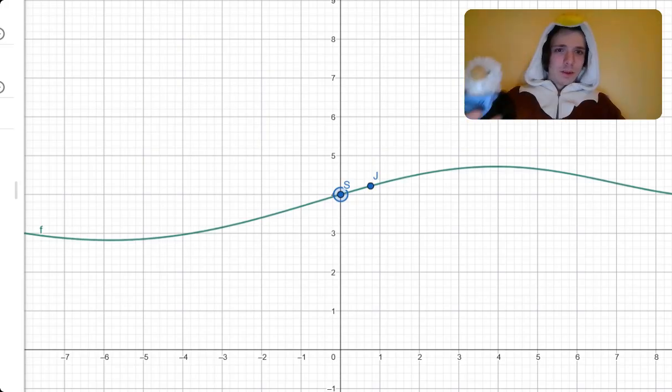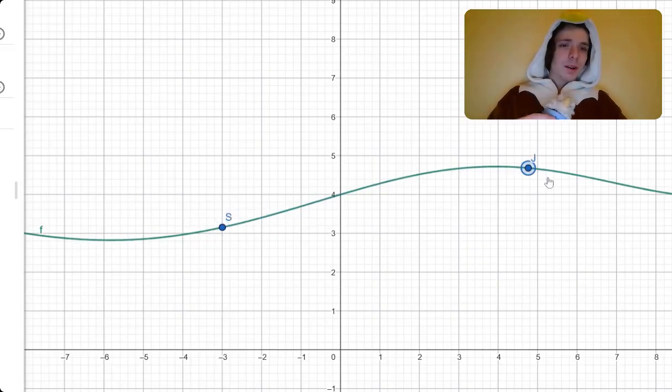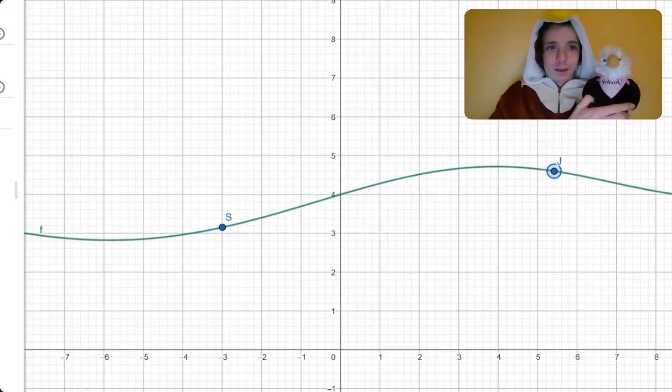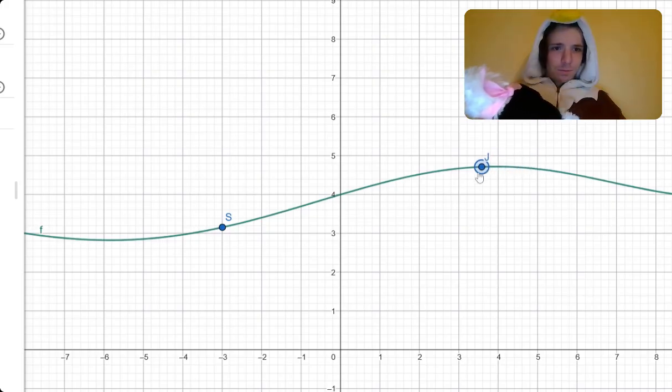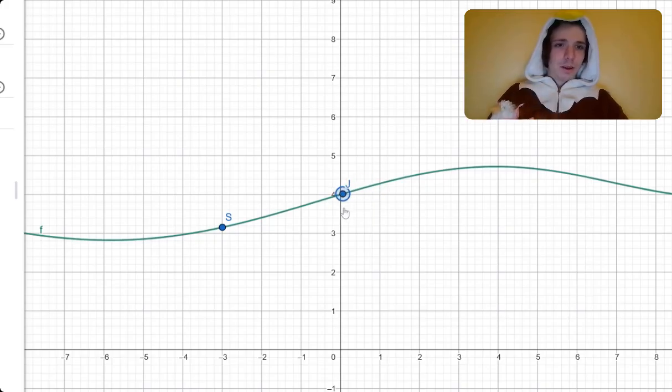So Shadow's going to be approaching y equals 4. Now, what about Jackie? Jackie's going to fly in from this side and get really close to y equals 4 as well. So they both hit y equals 4.